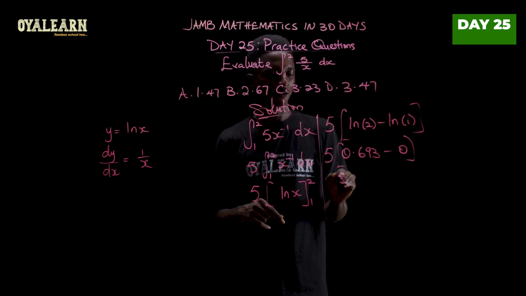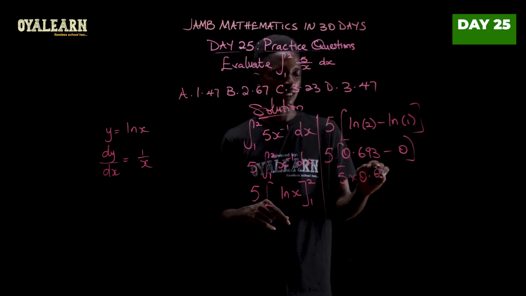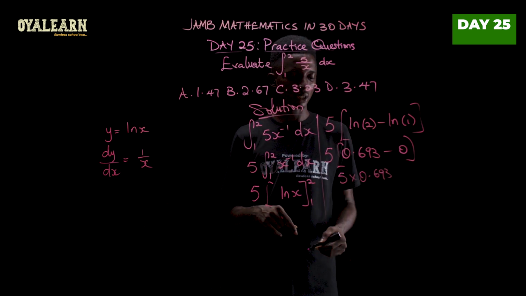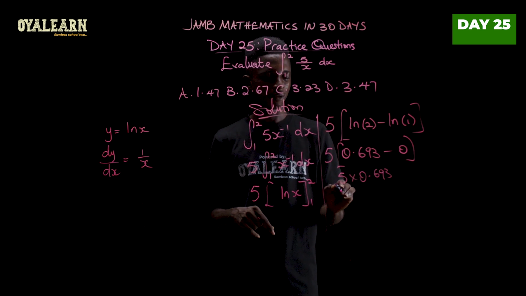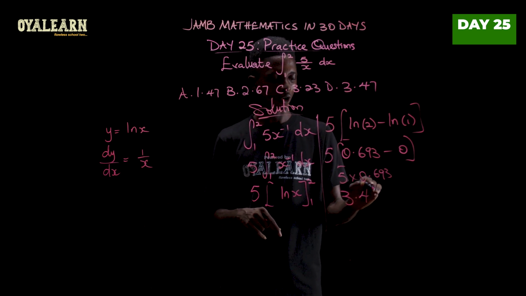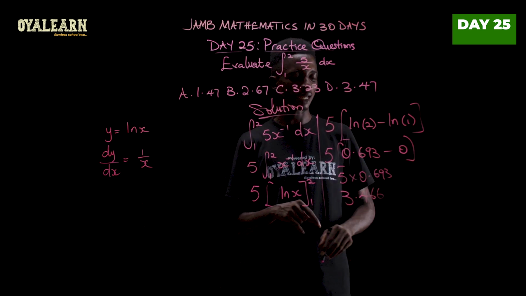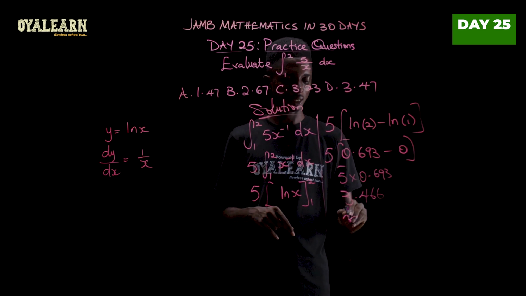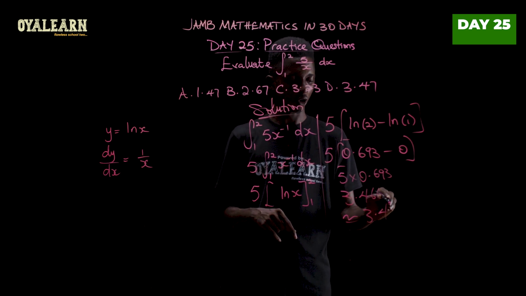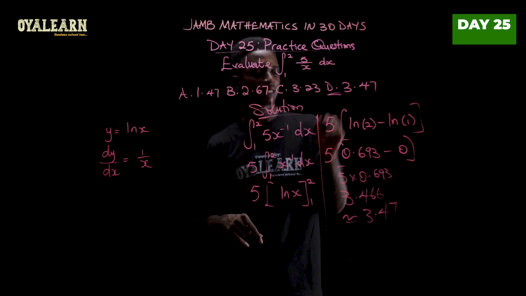So basically we have 5 multiplied by 0.693. And when we multiply this, we're going to have 3.466 and so on, which is approximately 3.47. So the answer is D.